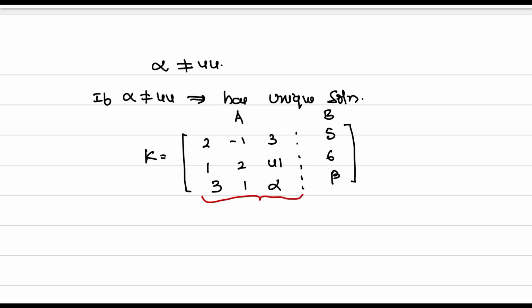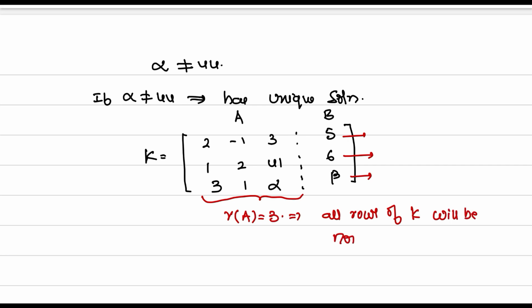If rank of A is equal to 3, it implies the whole row, any row you take, all rows of K will be non-zero for any value of beta. The reason being 5, 6.